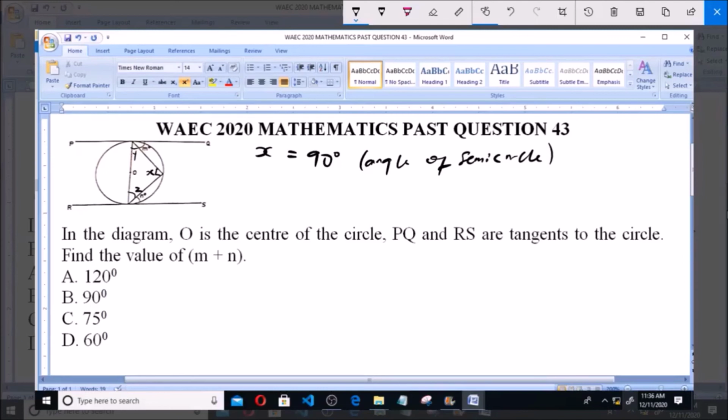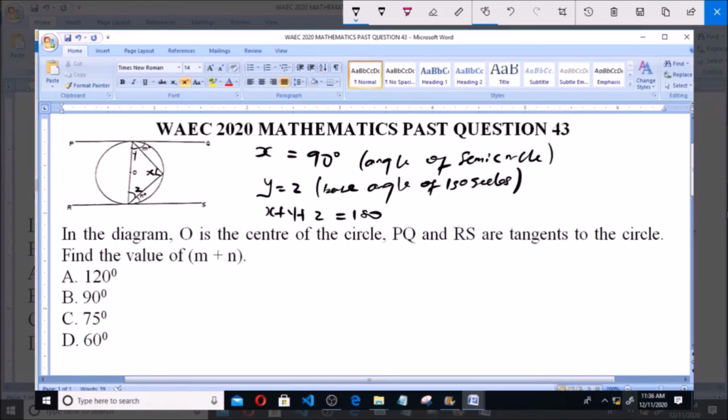Now Y is equal to Z because they are base angles of an isosceles triangle, so they are equal. Now since X is equal to 90, we have that X plus Y plus Z is equal to 180 degrees.